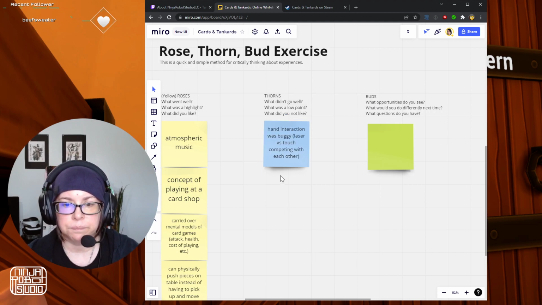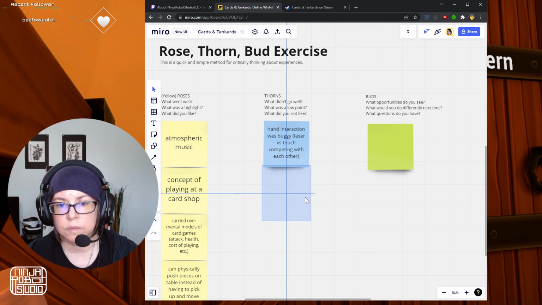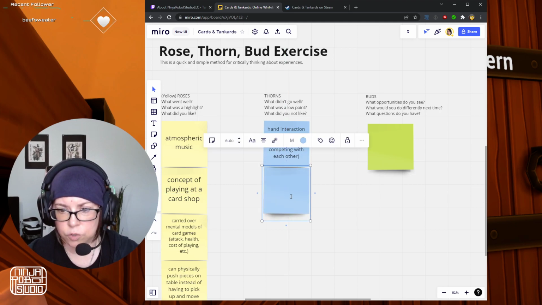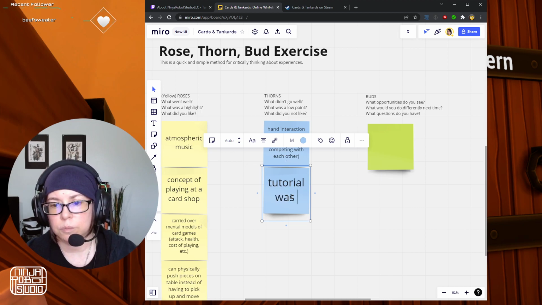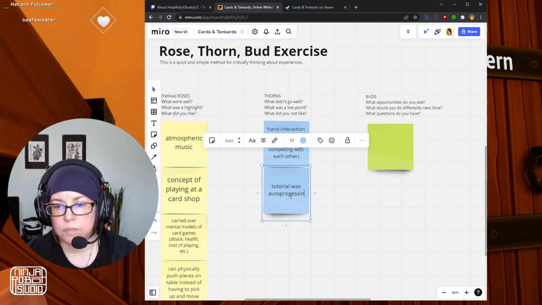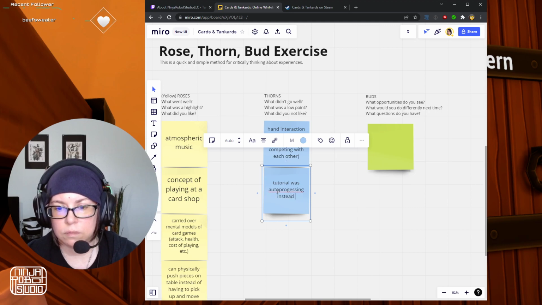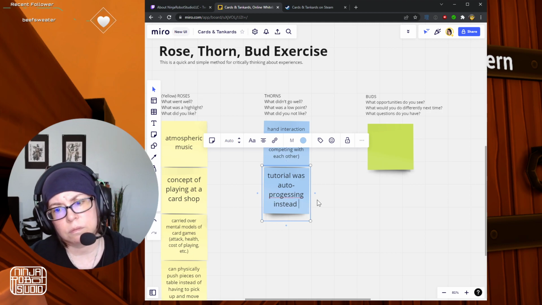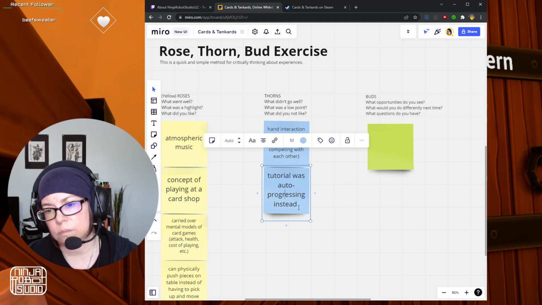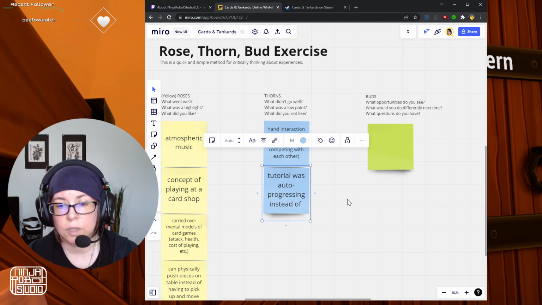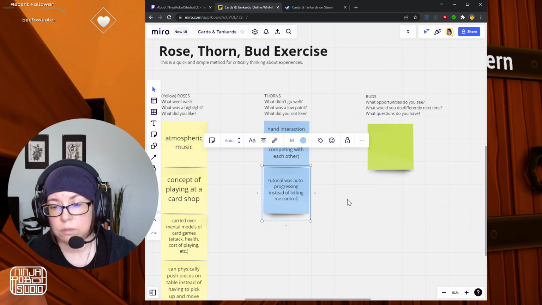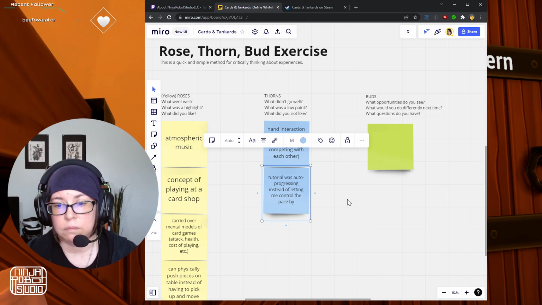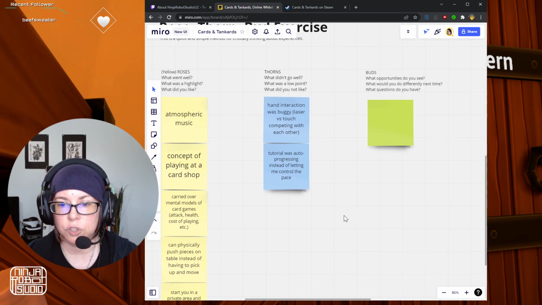And that was frustrating. The tutorial was auto-progressing instead of letting me control the pace. I'll just leave it there because that's a bud that I was trying to get into a thorn.